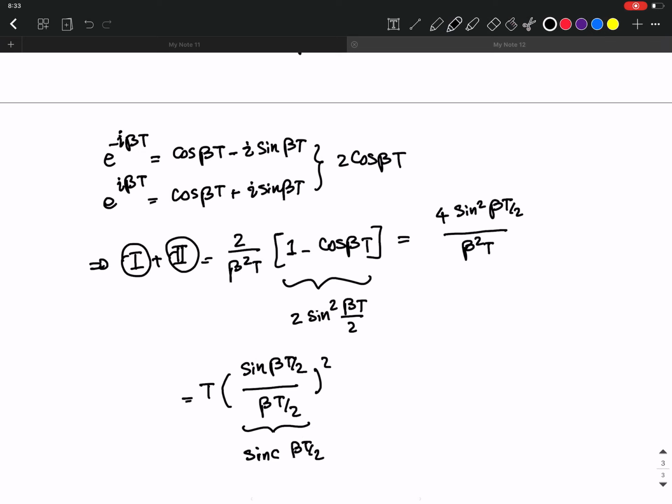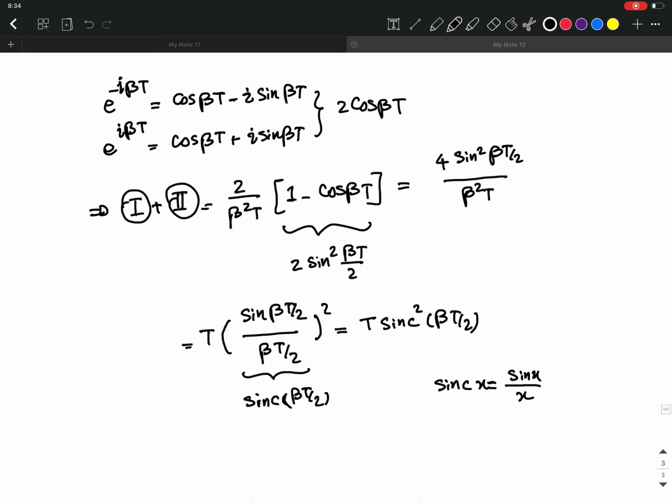So sinc of x is defined as sine of x over x, right? So this is just a definition. So this is going to be t sinc square of beta t over 2, right? So this is the whole solution for that.